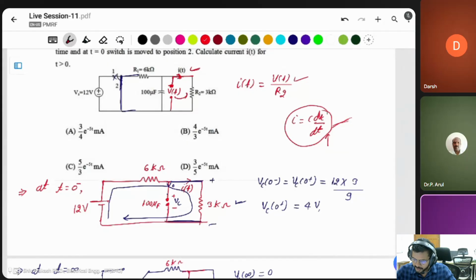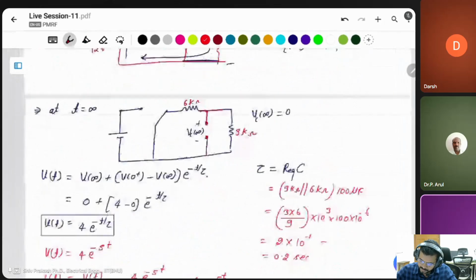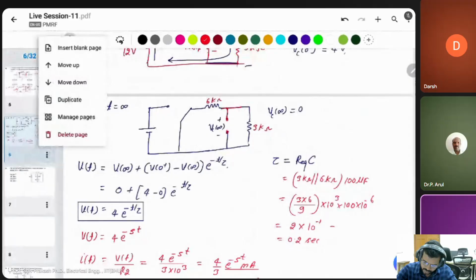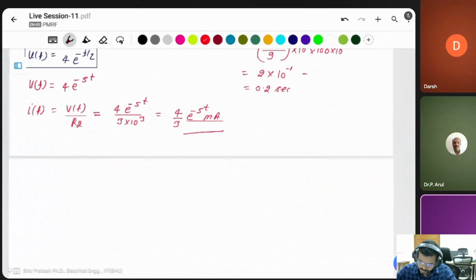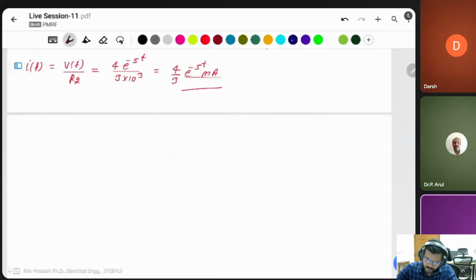You can simply shorten this and skip steps. Suppose the same question is asked in your exam. I will explain once. The circuit looks like this.